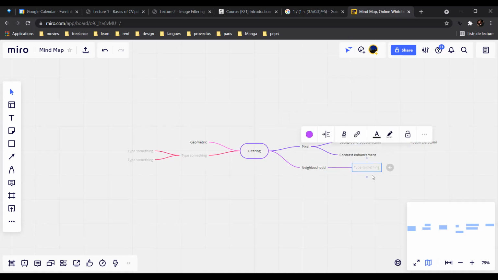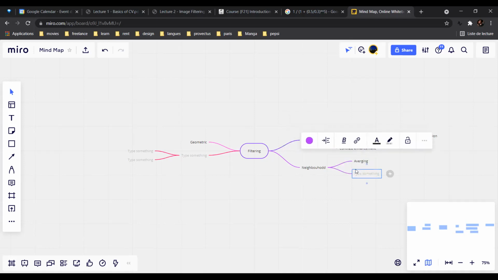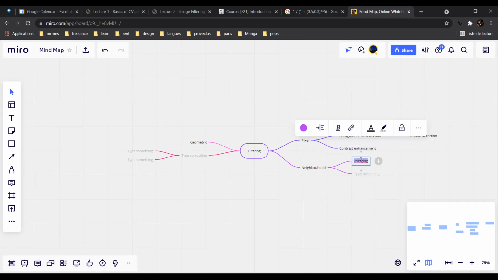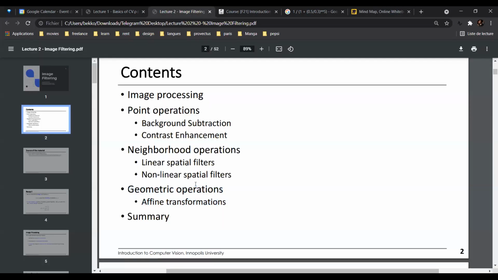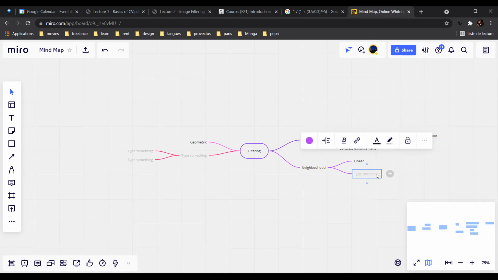Neighborhood operations, we have seen averaging and median filter. Okay, so let's call these linear and nonlinear.